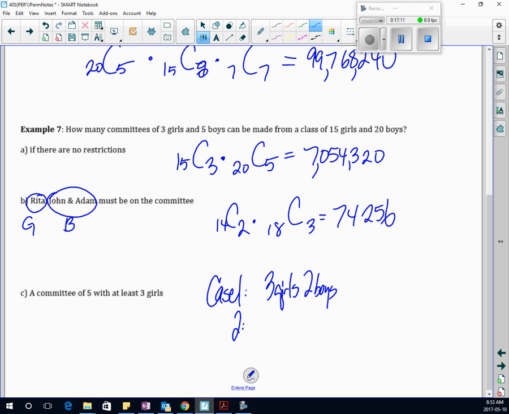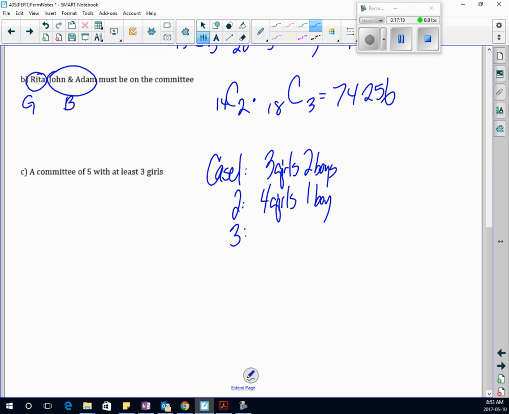Case 2 would be 4 girls, 1 boy on the committee. And case 3 would be all girls. That would be 5, right?